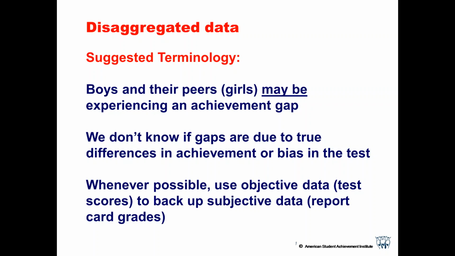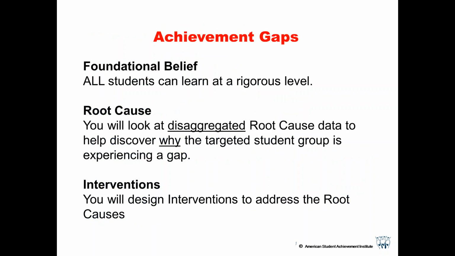And when using disaggregated data, we like you as much as possible to use objective data, test scores, to back up your statement that boys are achieving at a higher level than girls, rather than subjective data like report card grades, where there may be bias that you wouldn't see in a standardized test. So, something to think about as you're identifying gaps.